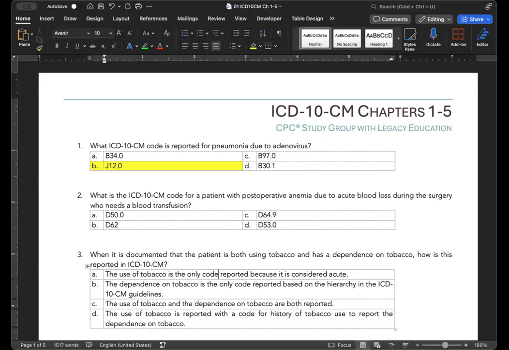And then we would do the due to the acute blood loss underneath that. So what code should we use for the anemia post-op due to acute blood loss during the surgery? B. Yep, D62. Any questions on that one?